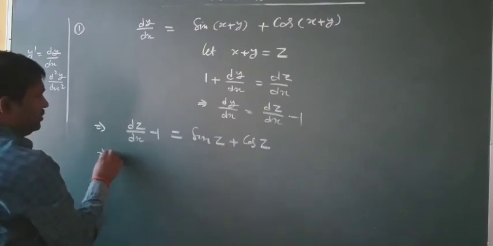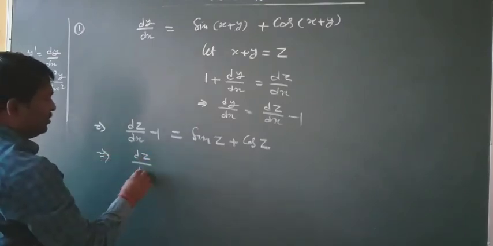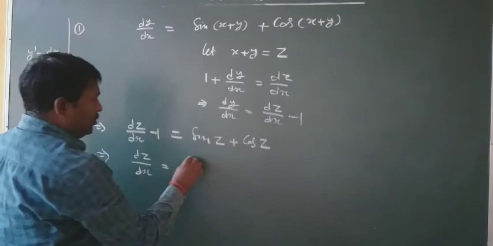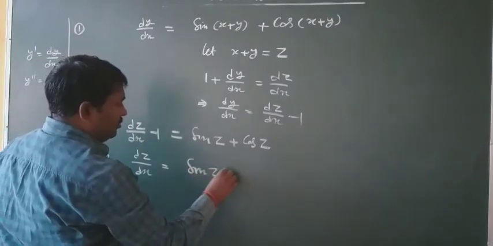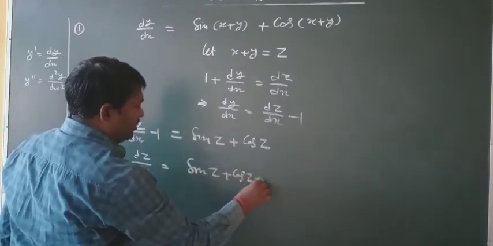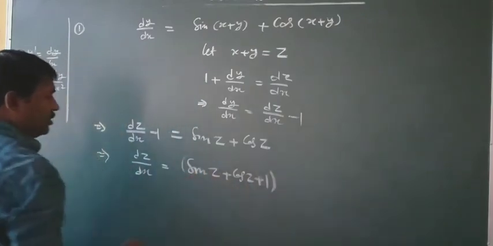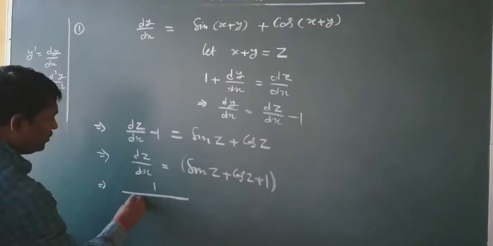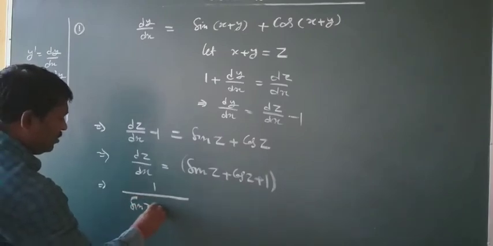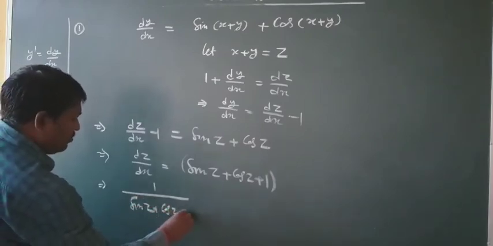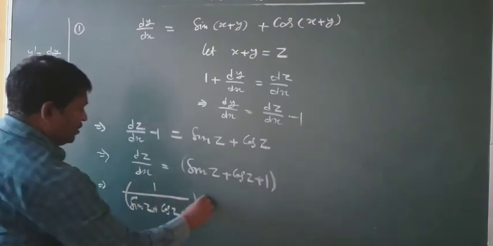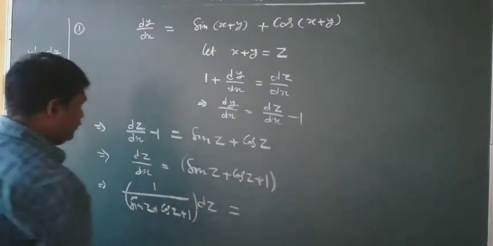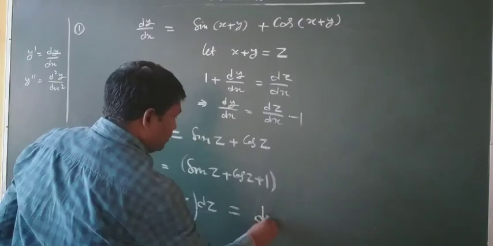It implies that dz upon dx is equal to sin z plus cos z plus 1. It implies that 1 upon (sin z plus cos z plus 1) dz is equal to dx.